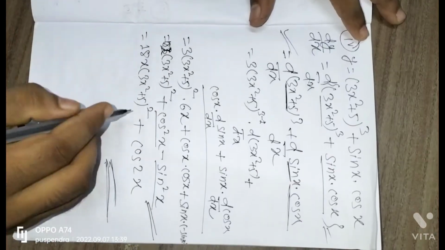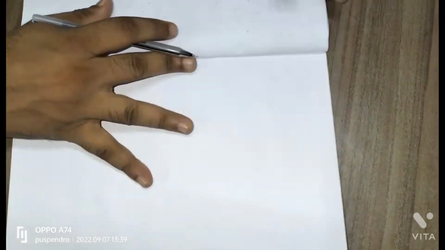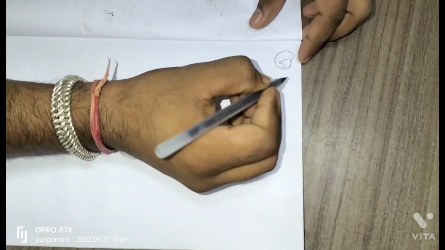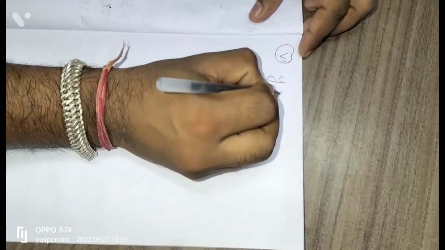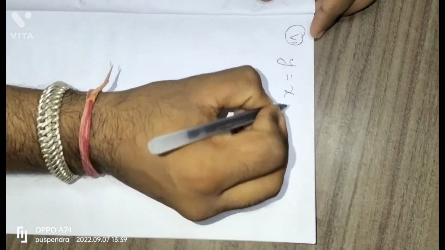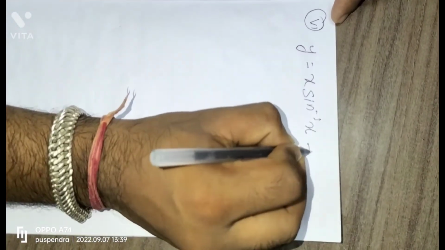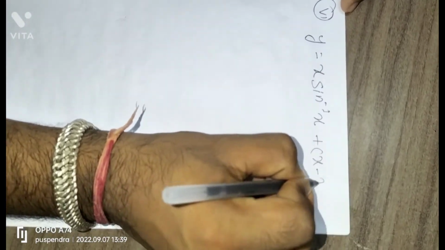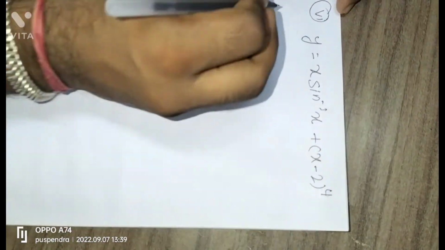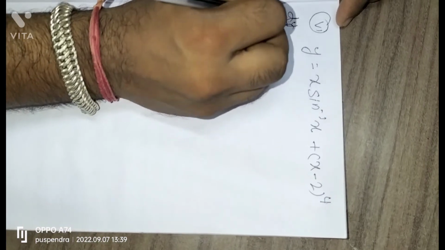And our next question is question number 5. The question is y is equal to x sin inverse x plus (x minus 2) to the power 4. Again we have to find dy by dx.